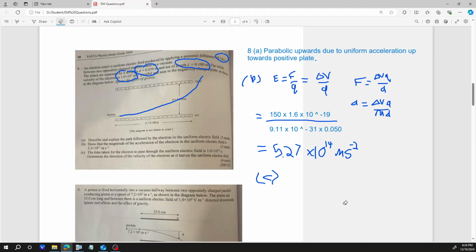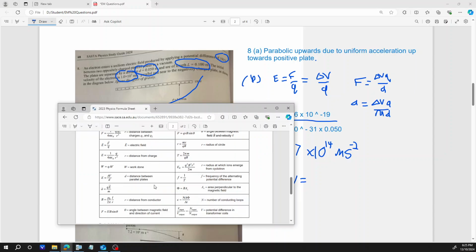All right, determine the direction and velocity of the electron that leaves the uniform field. So I have the horizontal component, I need the vertical component. Final velocity is equal to, so think about your equations, you can go back to your sheet if you're rusty on your parabolic motion.